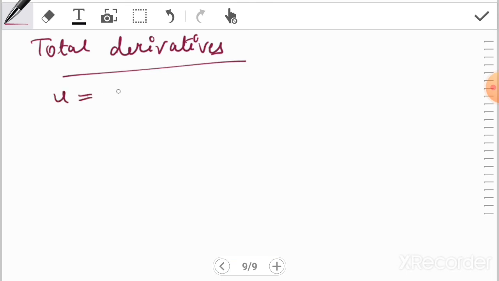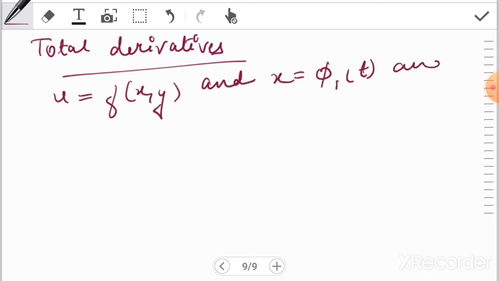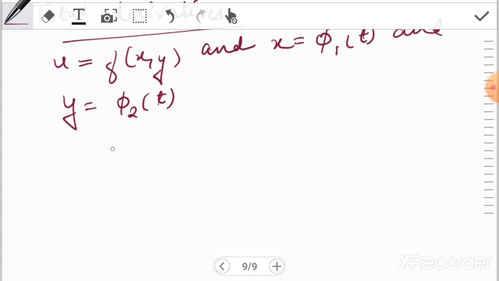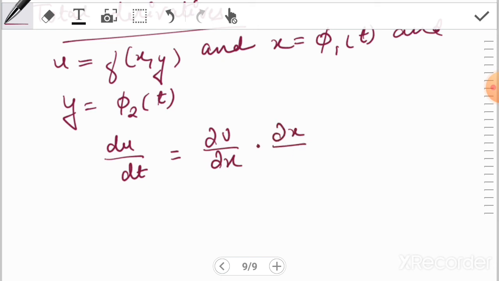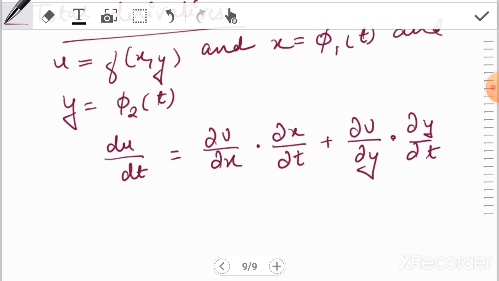So if u is equal to f of x, y, and x is equal to phi 1 of t and y is equal to phi 2 of t, then the total derivative of u with respect to t, du by dt, is denoted by del u by del x, dx by dt, plus del u by del y, dy by dt. Okay.